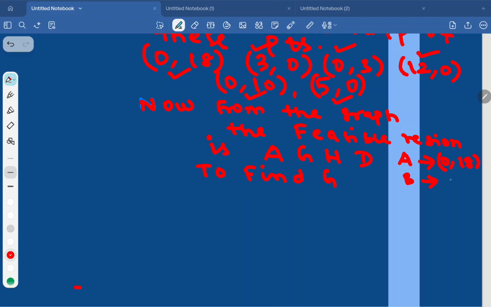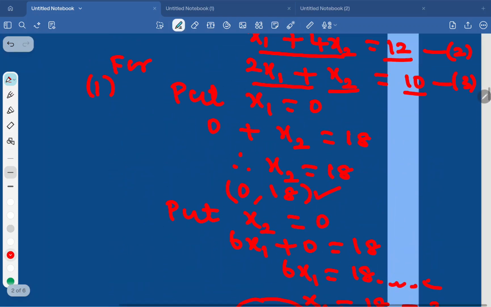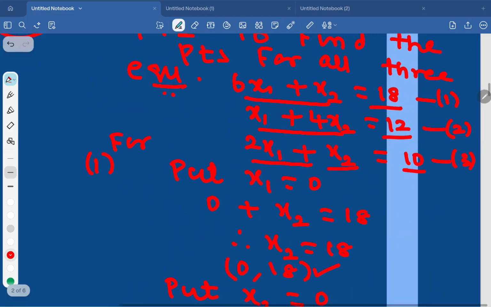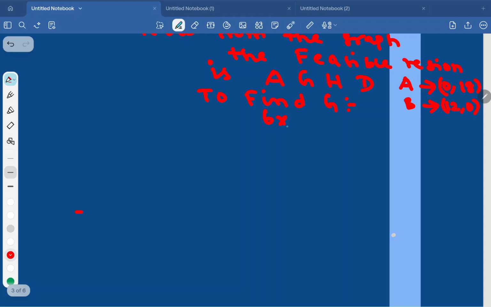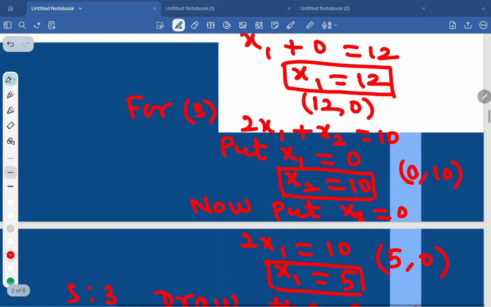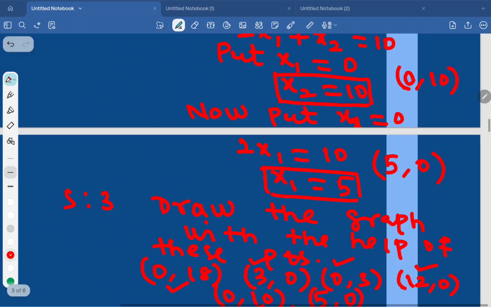The point for B is (12, 0). We have to find the point for G. For G, we have to solve equations 1 and 3. What is equation 1? 6x1 plus x2 equal to 18. What is the third equation? 2x1 plus x2 equal to 10.